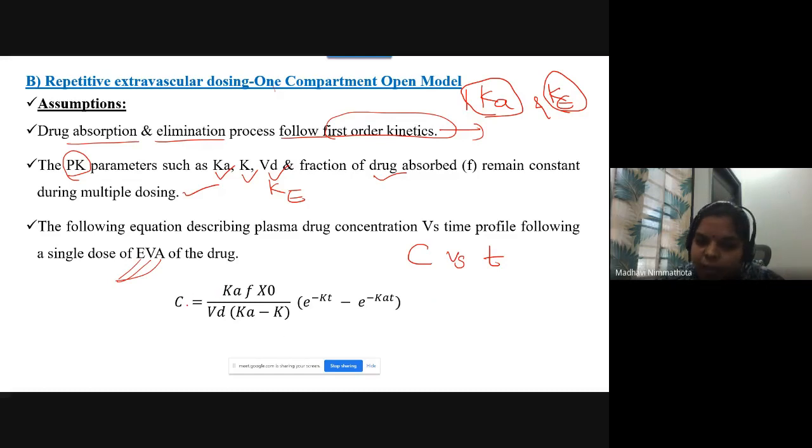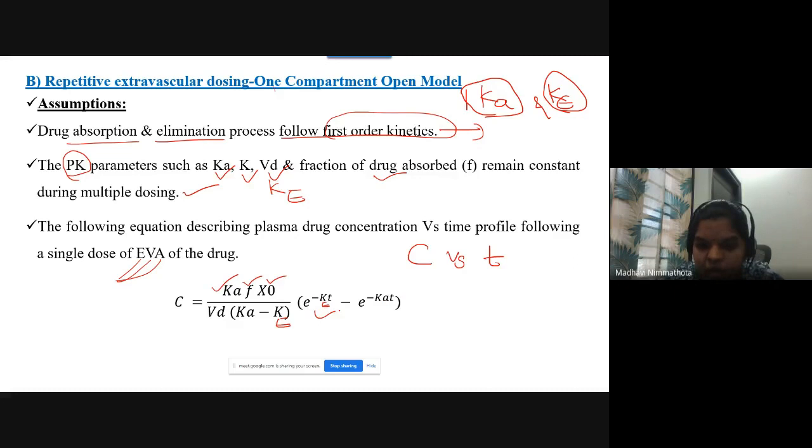See here, capital C, the plasma drug concentration, is equal to Ka F X0. Ka is the absorption rate constant, F is the fraction of the drug absorbed, and X naught is the initial amount of the drug you have taken. Then Vd, volume of drug distribution, divides, multiplied with Ka minus Ke, the absorption rate constant subtracted by the elimination rate constant, which multiplies with e to the power of minus Ket minus e to the power of minus Kat.